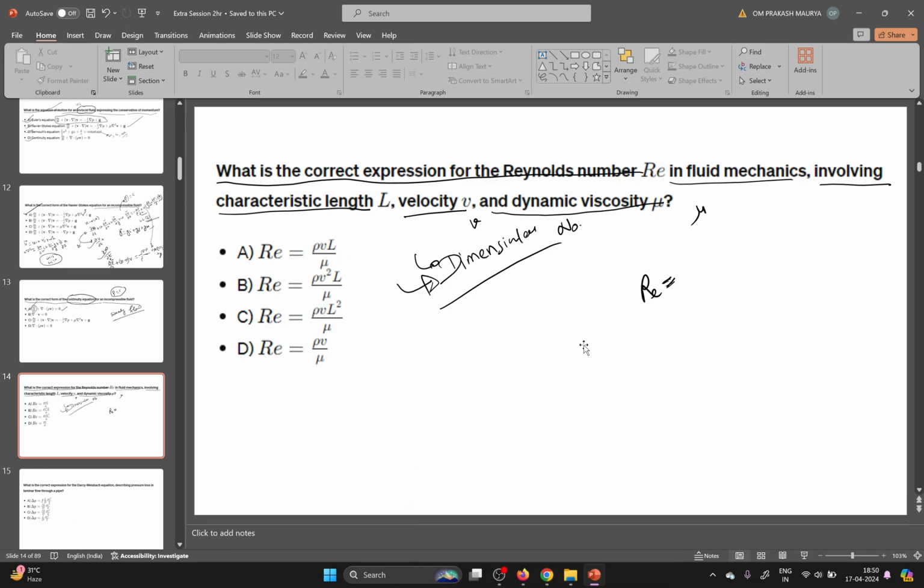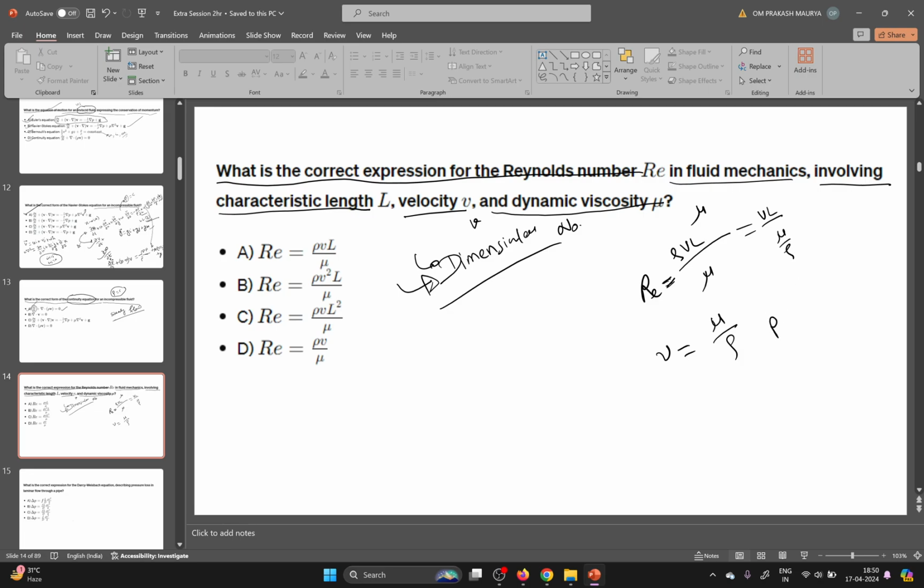So this is the non-dimensional number: rho V L by mu, where L is the characteristic length. You know already kinematic viscosity is dynamic viscosity divided by rho, so you can write this equation like that also.